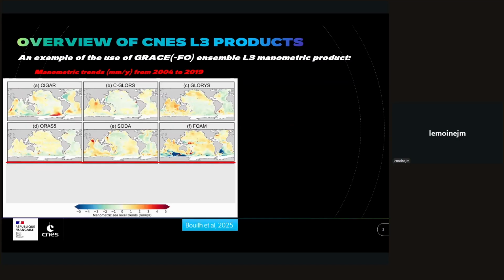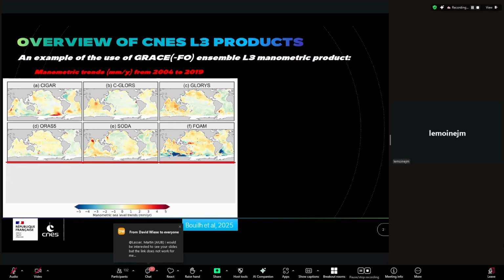Since we had to significantly shorten our presentation, I have a single slide dedicated to our level 3 products with an example. This example is a manometric product, that is to say, the geographically correlated mass trend in the ocean obtained from an ensemble of solutions. On the two top rows, you have the manometric trends from 6 reanalyses.